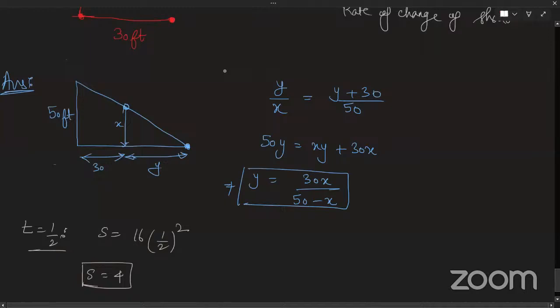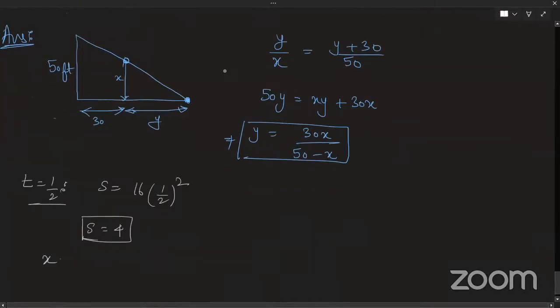Can you tell me what will be my value of x at that point? See, the ball is being dropped from 50 feet. The ball was dropped from the same height as the pole. The s, that is the distance it has traveled after half a second, is 4.